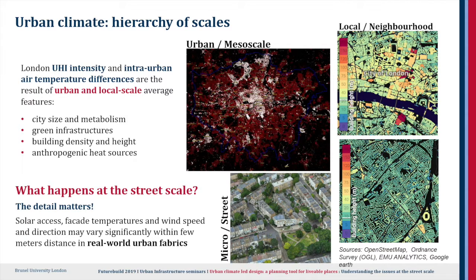But finally, we have specific urban spaces, streets and squares, that have their own microclimate with a more micro-scale variability of the urban variables.